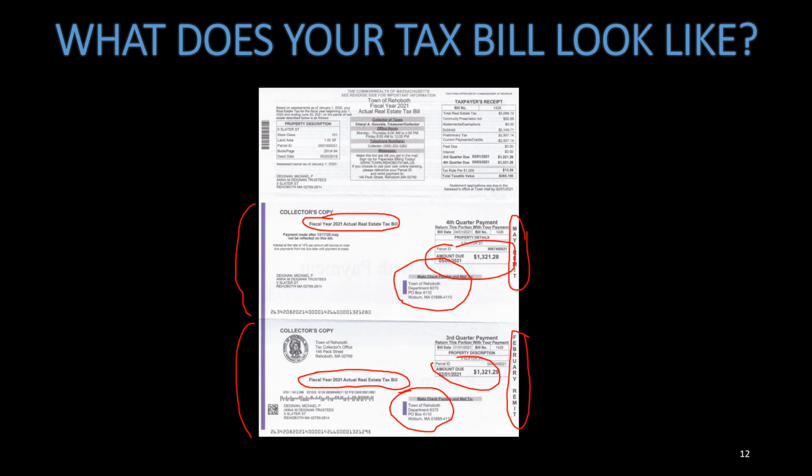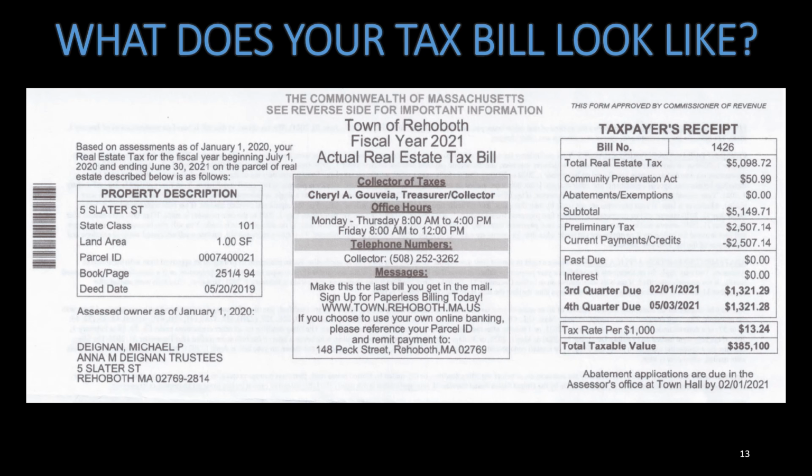The top portion, the portion that you keep, we're going to talk about in greater detail on the next slide. The top portion that you keep is broken down into 3 columns, effectively. The first column contains information about your property.